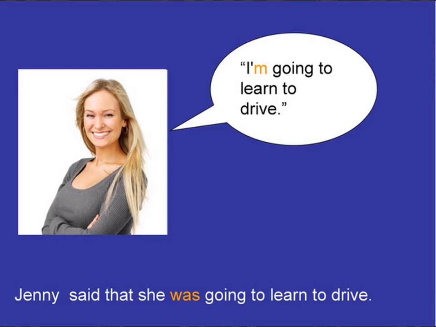In this picture, Jenny said, I'm going to learn to drive. When we change this sentence into indirect speech, it will be Jenny said that she, the first change, I, we change it to she, am to was, going to learn to drive.